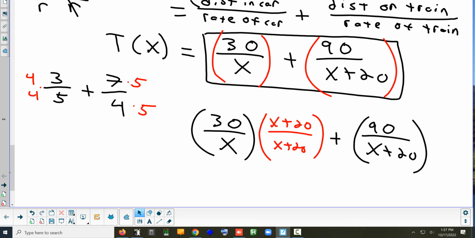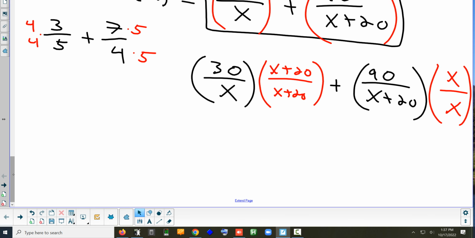What would we multiply top and bottom by there to make it have a common denominator? X. So each fraction gets multiplied by the other denominator. I wrote the other denominator in red. Okay, so common denominator is just the product of the two. So in our case, it's x times x plus 20.